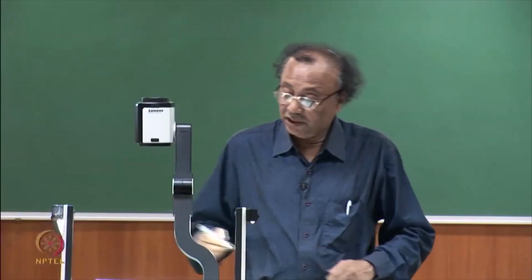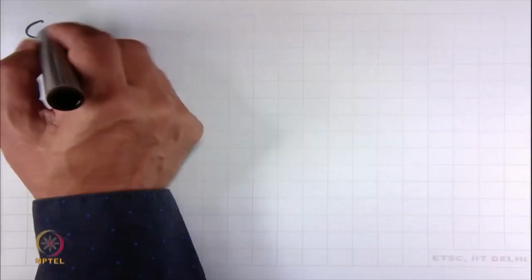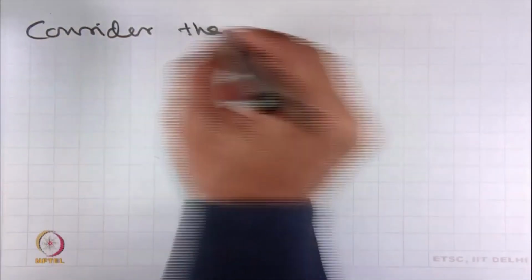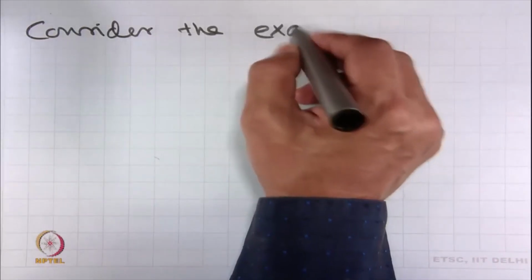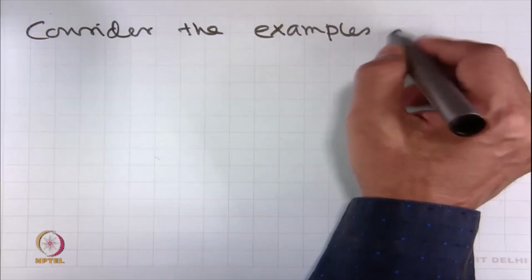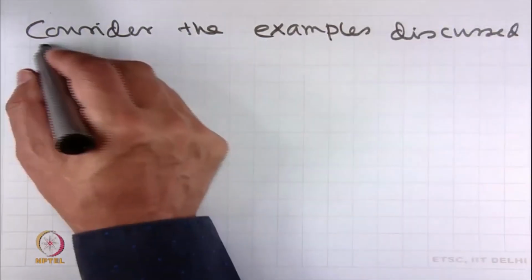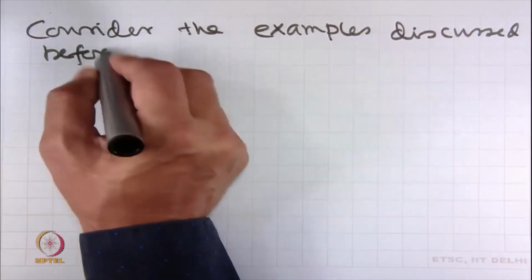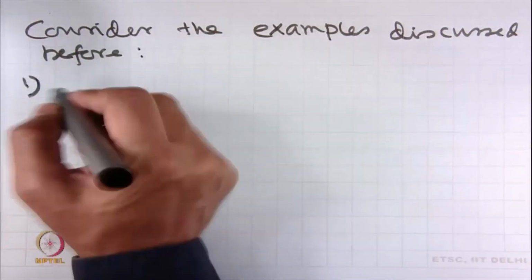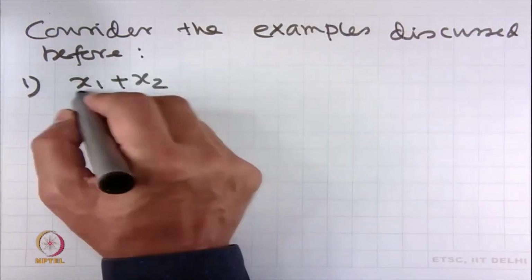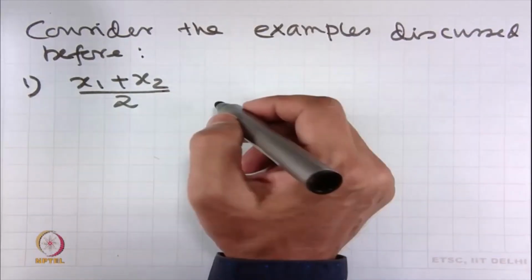Let us now consider x 1 plus x 2 by 2, which we had.